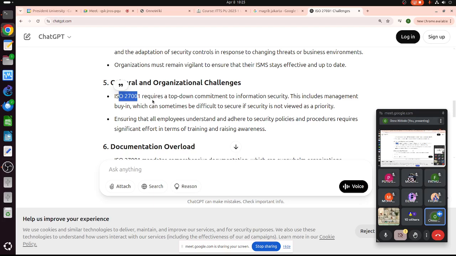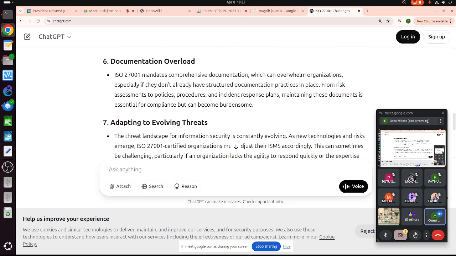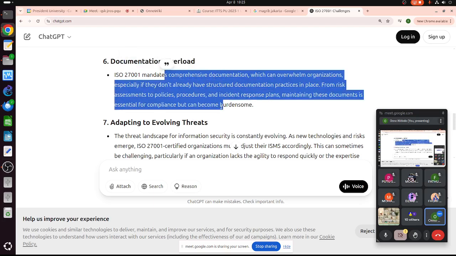They don't want to sign, they don't want to create the required documents for the auditing process. And the problem with ISO 27000 is documentation overload. Lots of documentation, lots of paperwork, now becoming soft copy, but still a lot of them. So that means we need to generate a lot of these things.